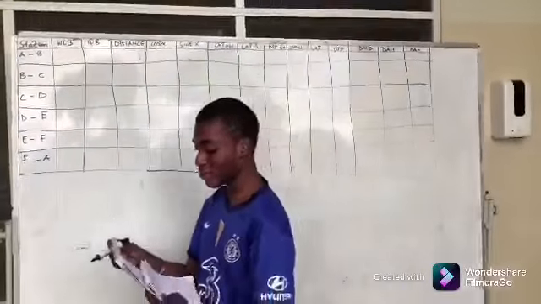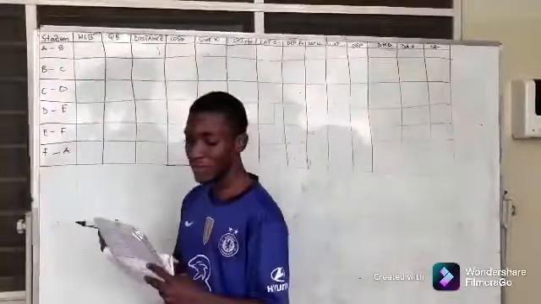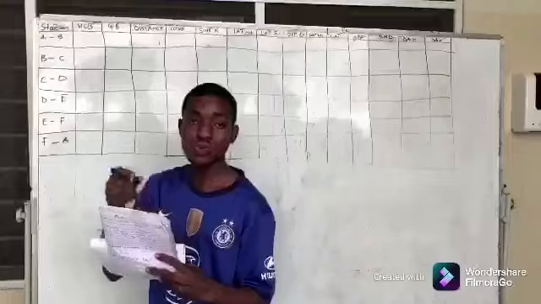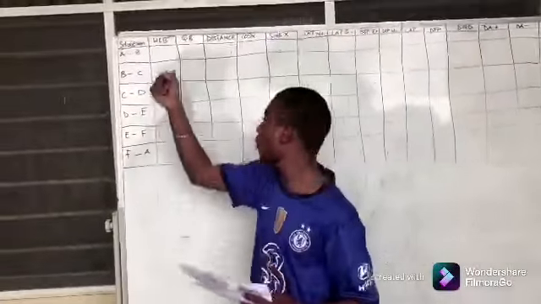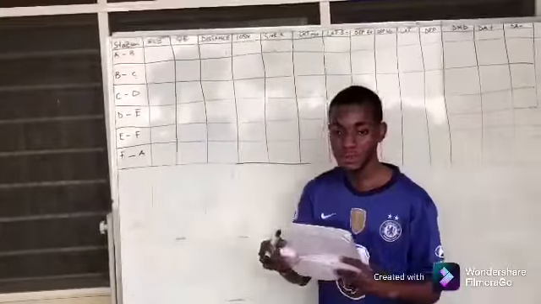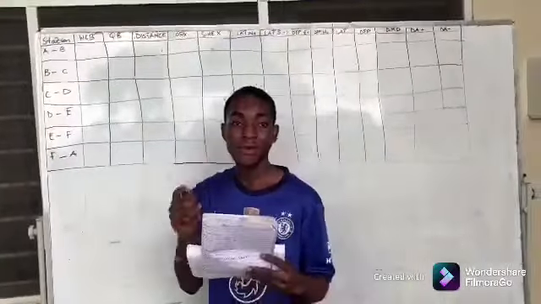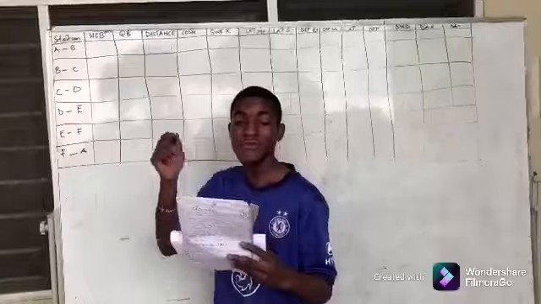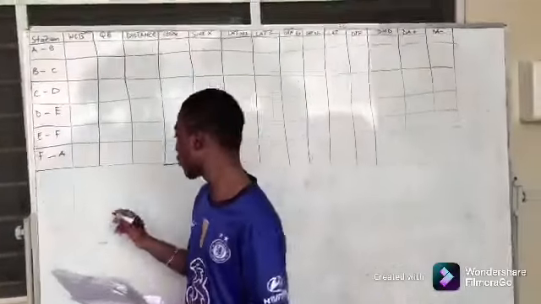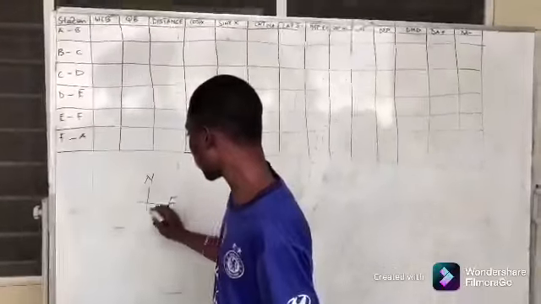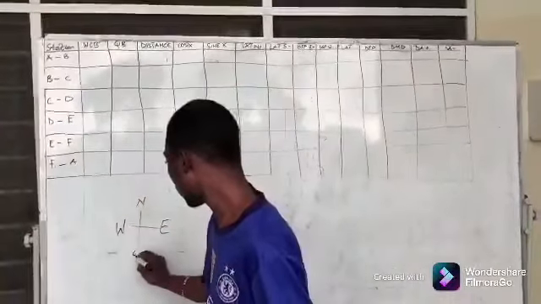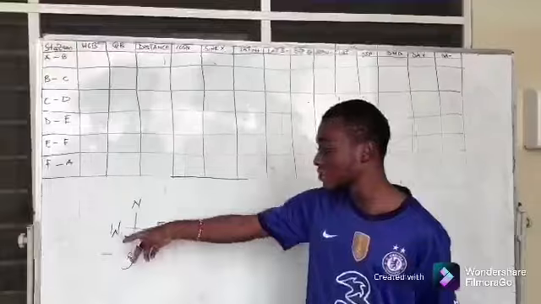So from question A, we were given a bearing of 112 degrees. So what will be the whole circle bearing of 112 degrees? And from the question, we were given magnetic variation, or MV, as 7 degrees west. And we all know that west, from the cardinal points, is at the negative side.